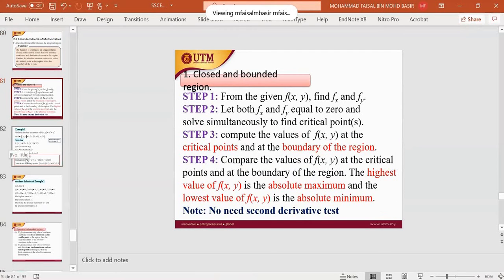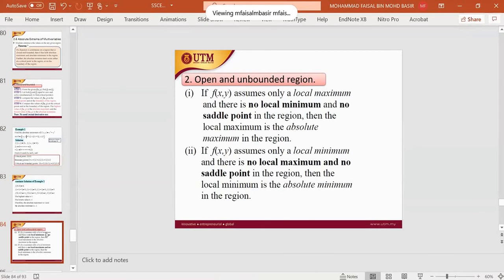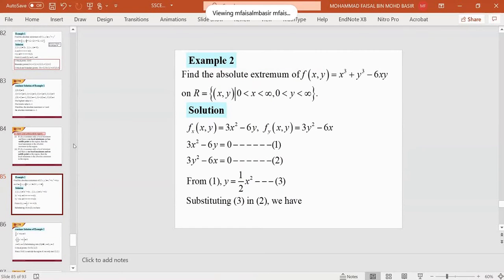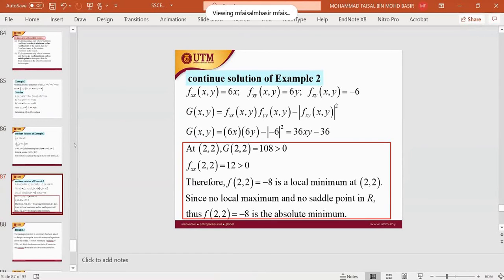But because we will not touch on this, you can do it as an exercise, but no need to find the absolute minimum. Just find the saddle point or local max or local min.